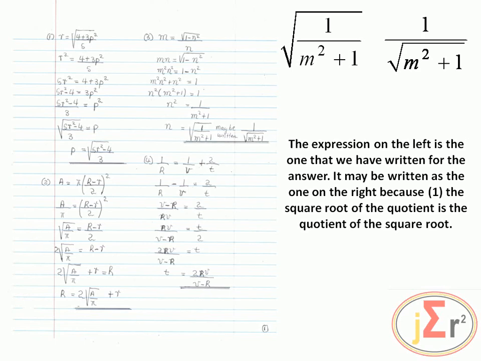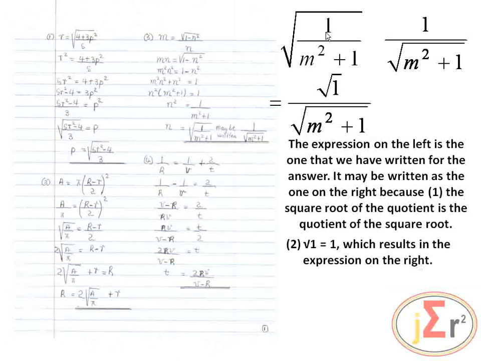One, the square root of the quotient is the quotient of the square roots. We are saying that taking the square root of all of this is equal to taking the square root of the numerator and the square root of the denominator. For two, the square root of 1 is equal to 1. So we have it right there.